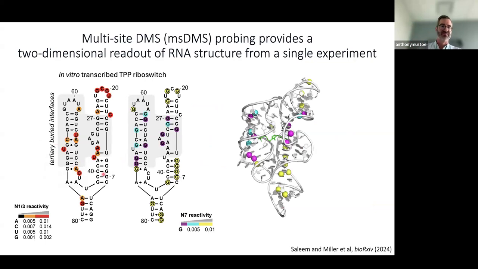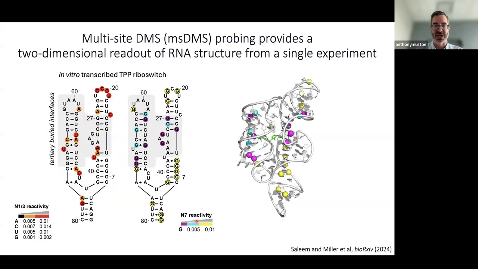So just to give you an idea of what this data looks like on a nice representative RNA, this is a TPP riboswitch, a classic model in the field. And so again, in a single experiment, what we are getting is information at all four bases about N1, N3 reactivity, and you can see here plotted on the secondary structure that these correspond quite nicely with the known secondary structure of the RNA.